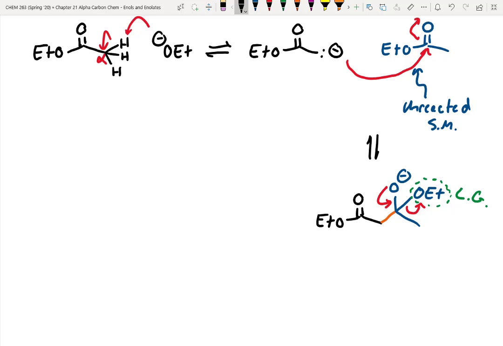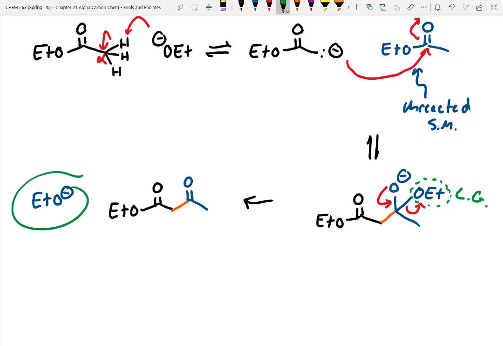Essentially at this point, the reaction is no longer reversible anymore. So we will end up forming our final product where we have a new covalent bond. We reform a ketone, and then we kicked off ethoxide as our leaving group.